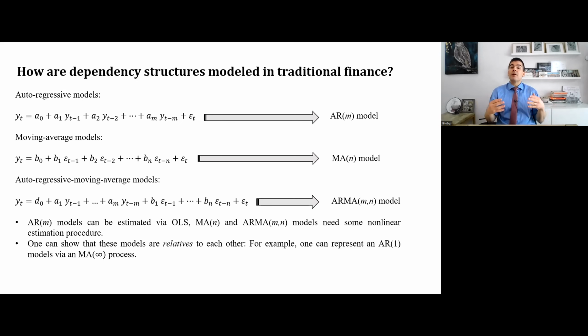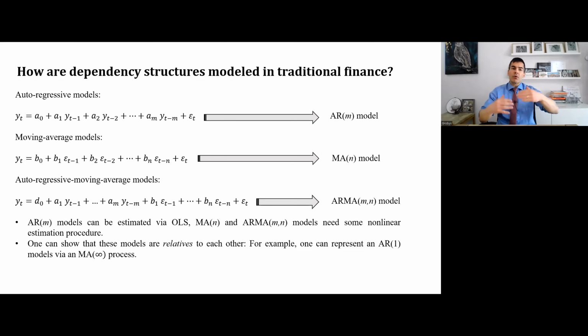So here we have a moving average model of order n, or an MA(n) model. Again, the parameters b0, which models the intercept term, b1, b2, until bn, they have to be estimated, but this time we have to use some nonlinear optimization procedure.